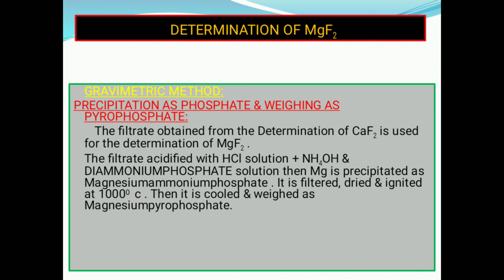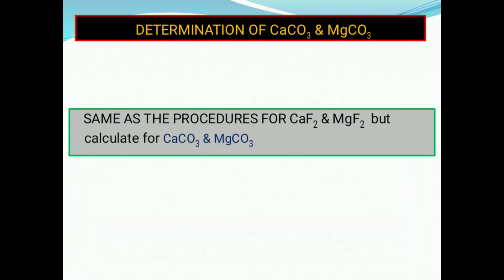Then if you ignite it at 1000 degrees Celsius, it can produce magnesium pyrophosphate. So you can determine calcium carbonate and magnesium carbonate also, same as the procedures for calcium fluoride and magnesium fluoride, but the calculation is different. Okay, thank you for your kind attention.